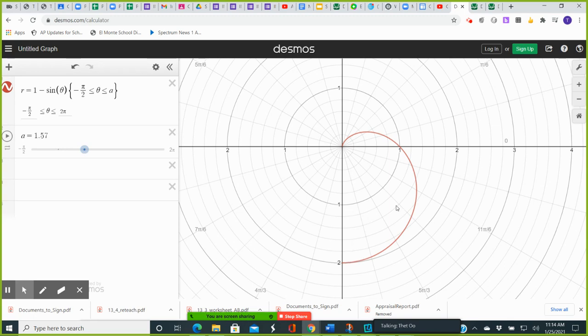So this region that you're seeing right now is bounded by the polar curve and the two radial lines, where, if you have a counterclockwise rotation, your first radial line would be theta is equal to negative pi over 2, and your second radial line would be theta is equal to positive pi over 2.